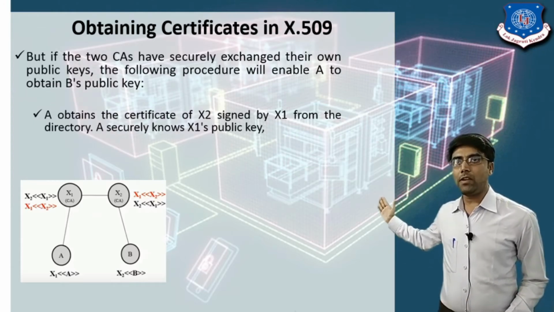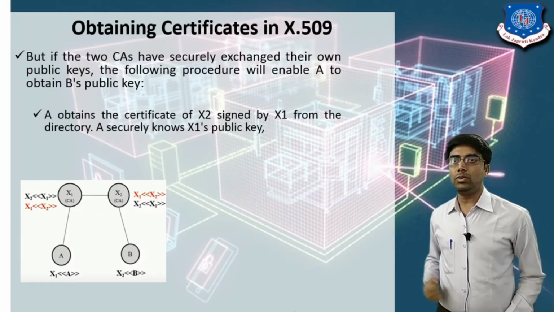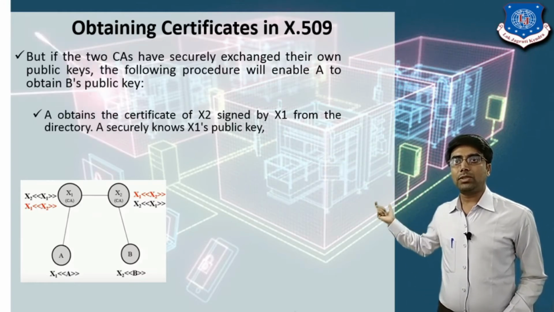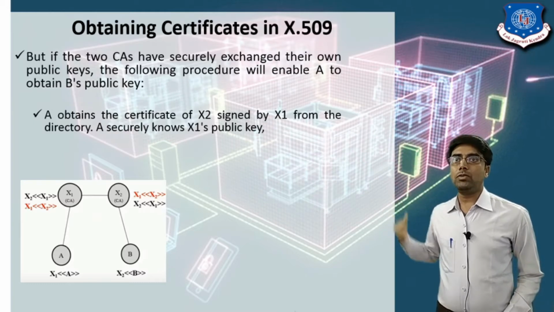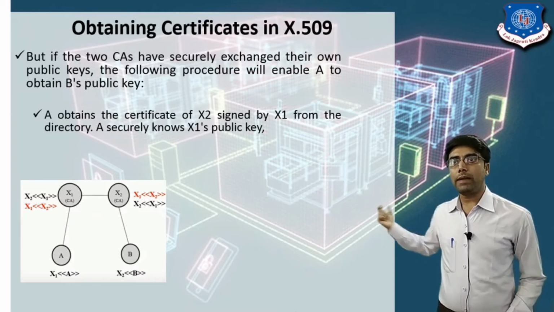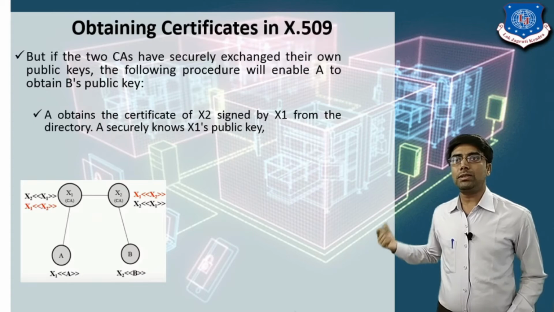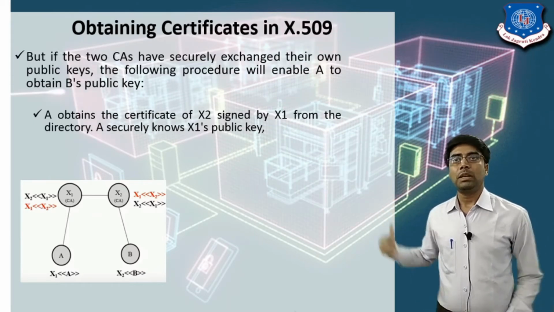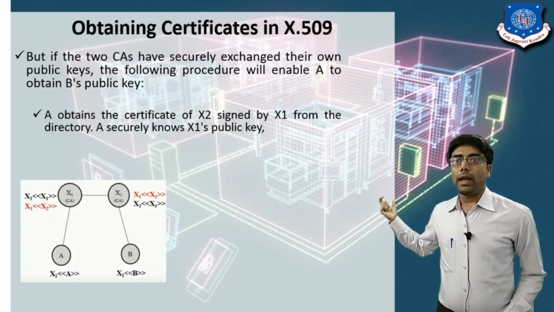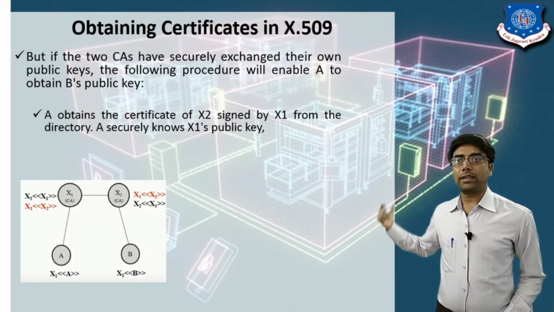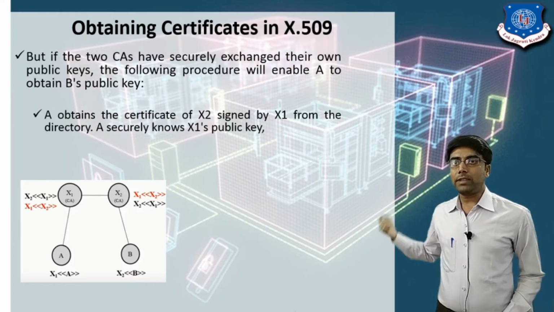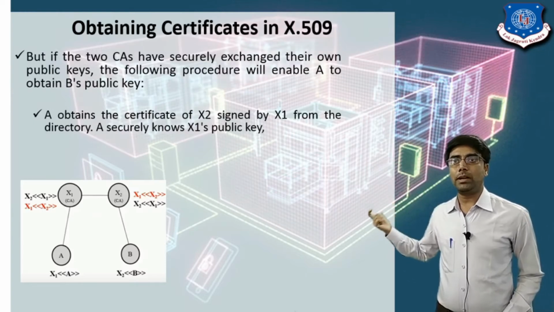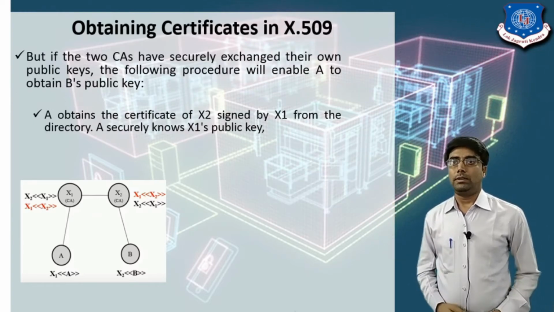I have mentioned in red color X1 of X2 and X2 of X1. X2 of X1 means the X1 certificate is signed by the certificate authority X2. Same, X1 of X2 means the X2 certificate is signed by the certificate authority X1.